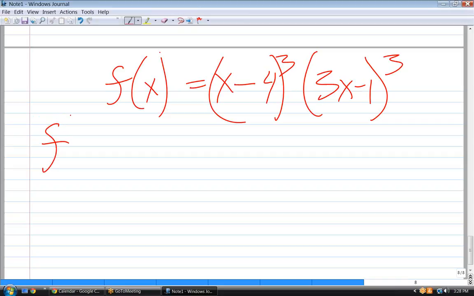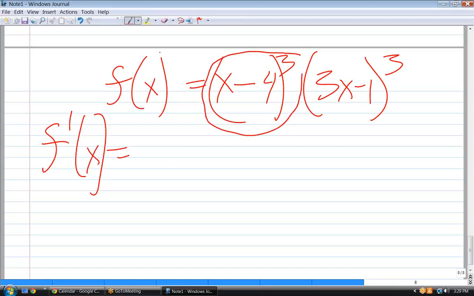You need to find the first derivative, set it equal to 0, and then the first derivative test. Okay. What's the first derivative of this? Use the product rule. X minus 4 cubed. Let's use the product rule. Yeah, so x minus 4 cubed, because wouldn't you do, and then multiply it by the derivative of the 3x minus 1 cubed.